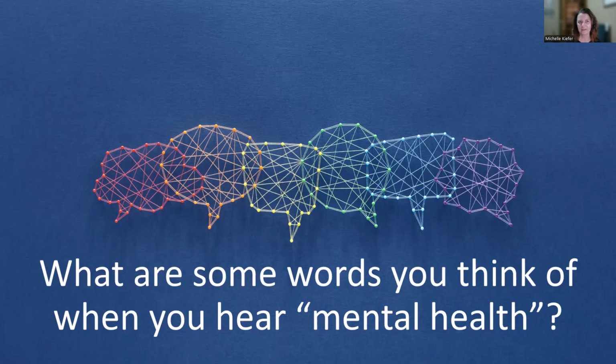Thank you all. So common beliefs about mental health that we grew up with, that we know about, is that mental illness is exclusively a brain disorder. Mental health equals mental illness. Mental illness is a medical condition and can only be addressed by a medical professional.